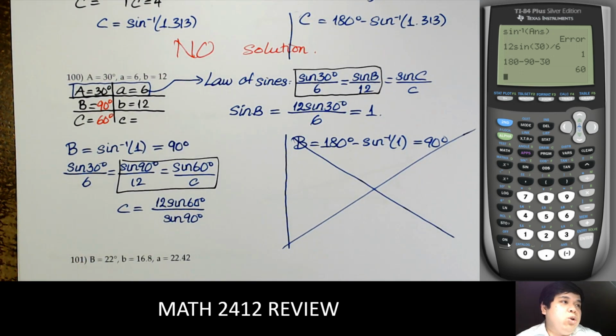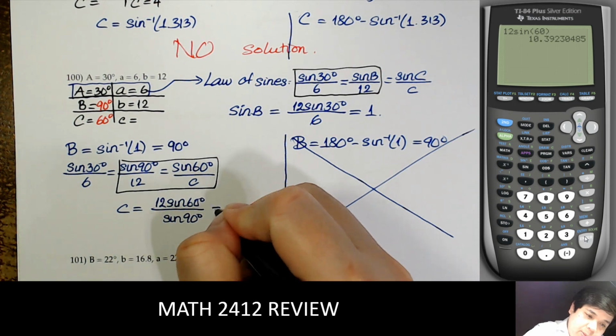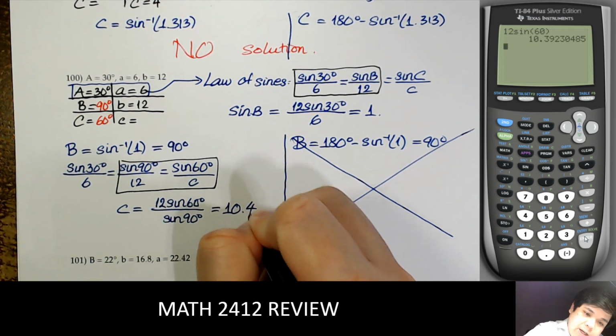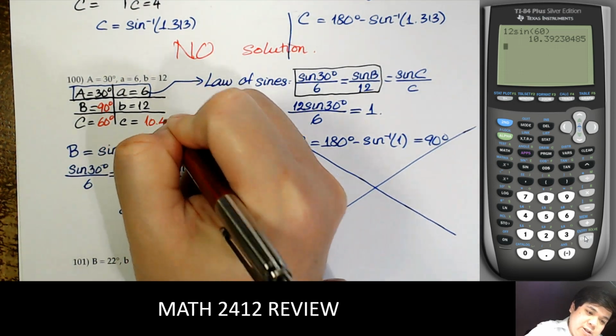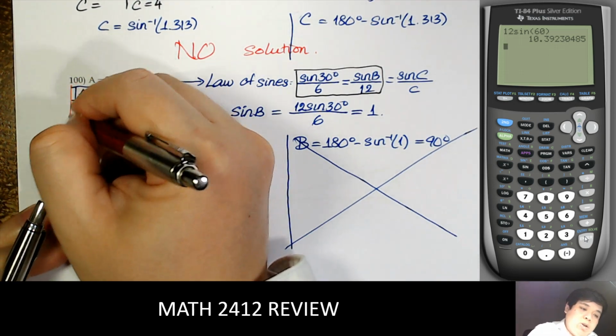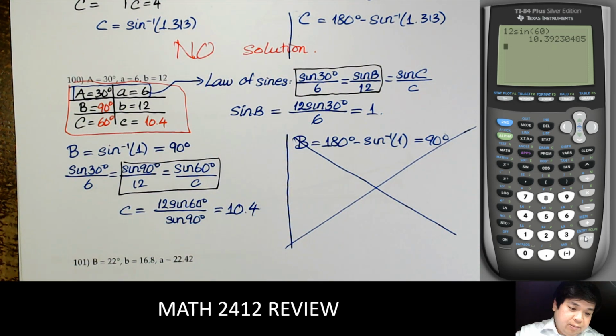It's the right triangle, so we really don't need to use the law of sine. We just use the regular trigonometry function. 12 times sine of 60 degrees. Sine of 90 degrees is 1, so we don't really need to have that. So 10.39. One decimal place is 10.4. So in this case, we only have one solution, because those two give us the same thing.